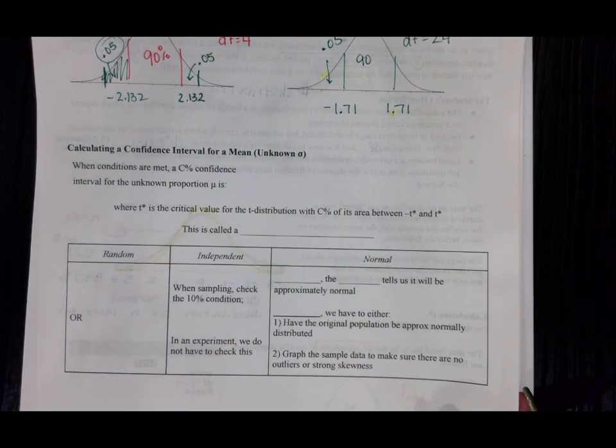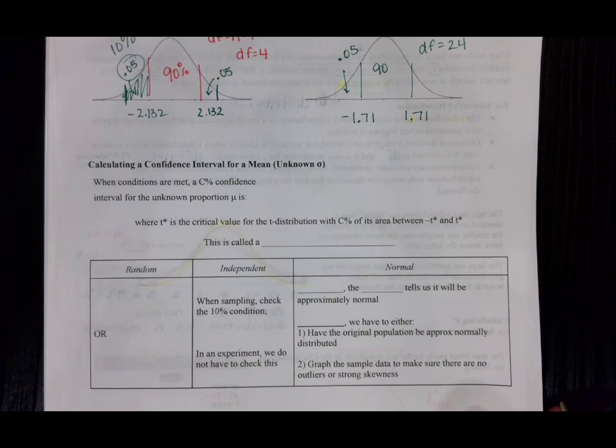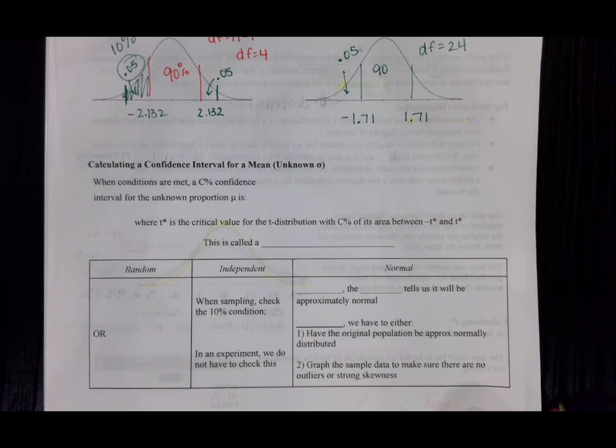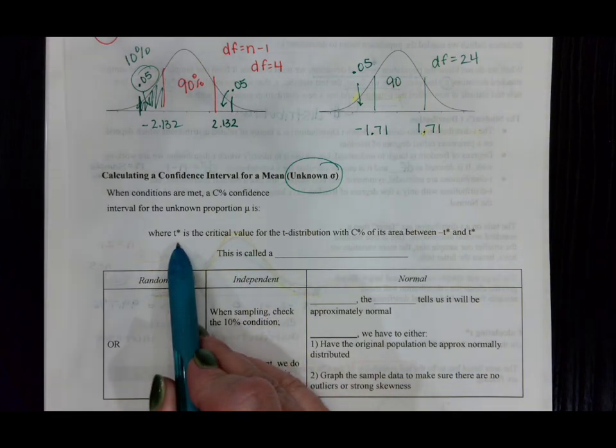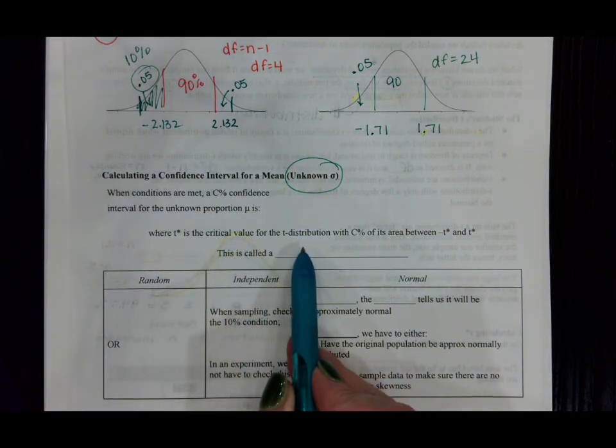All right, so now let's practice this. Let's see what this looks like. So when we are calculating a confidence interval for a mean with an unknown standard deviation, this is the one that you really have to make sure you know. We're going to use t star as the critical value for the t distribution.